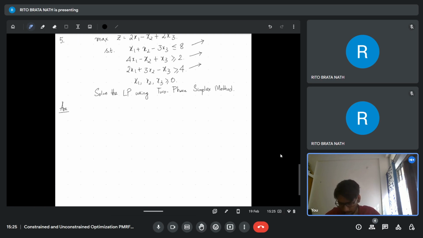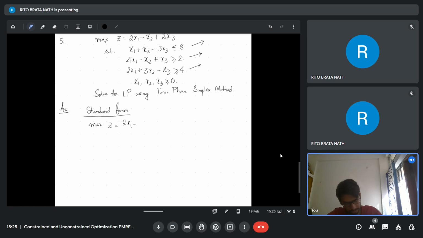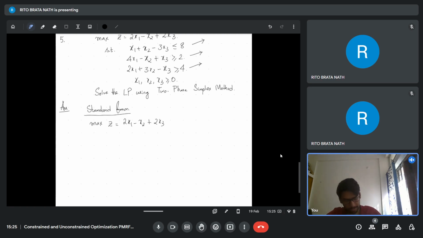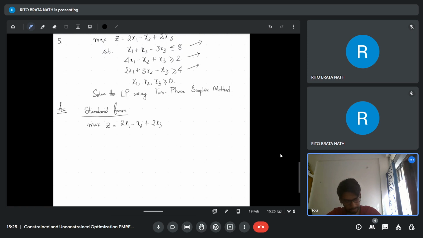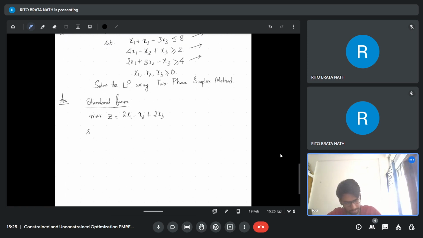So the standard form, it's nothing but max of z equals 2x1 minus x2 plus 2x3. I'll add the rest of the things later, but first transform the constraints subject to.